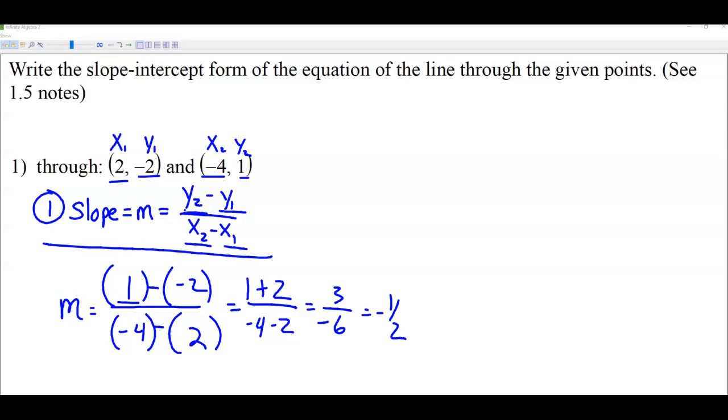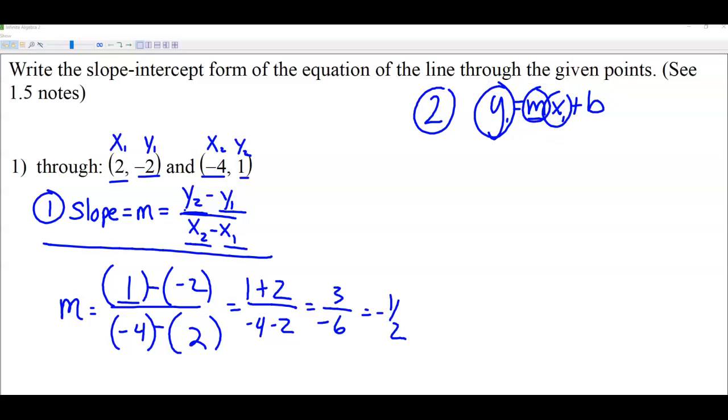Okay, now step 2, we're going to take the linear function formula, and we're going to plug in 3 things. We're going to plug in y1, x1, and m. So 3 things: y1, x1, and m.